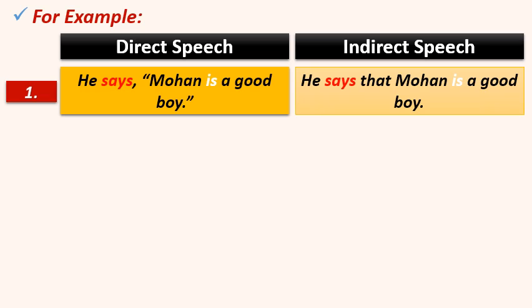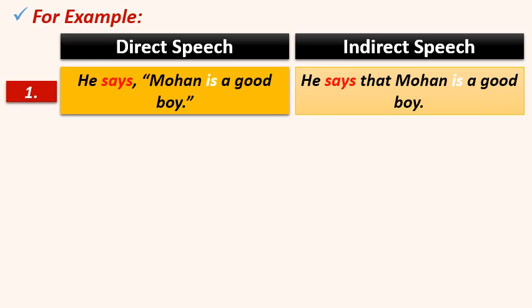So dear students, what are the changes that you can identify here when you will convert direct speech into indirect speech? Number 1, removal of inverted commas. It is compulsory to remove according to rule. Number 2, instead of inverted commas, use of the conjunction that just before reported speech.